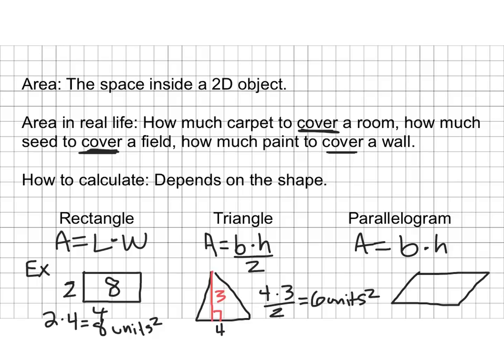Here we have a base of 5, and then we have a height of 2. So then we would do 5 times 2 equals 10 units squared.